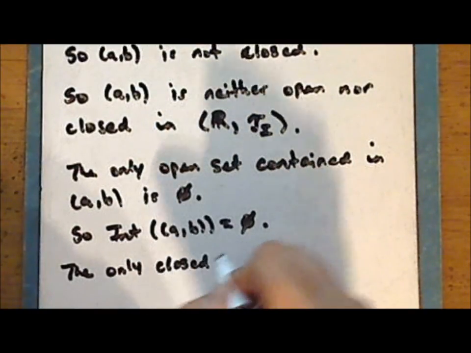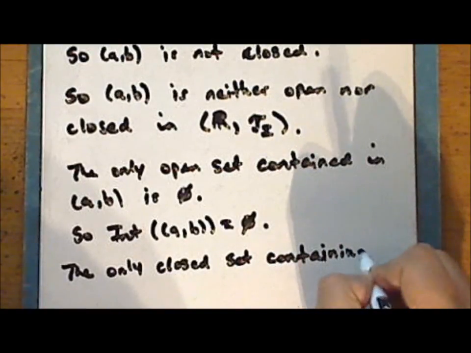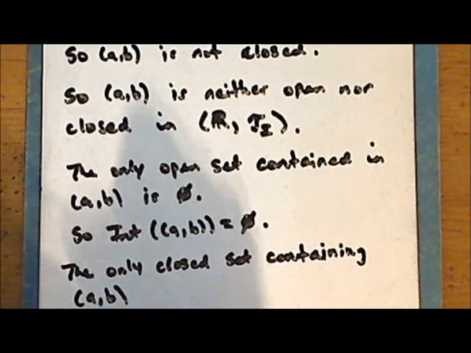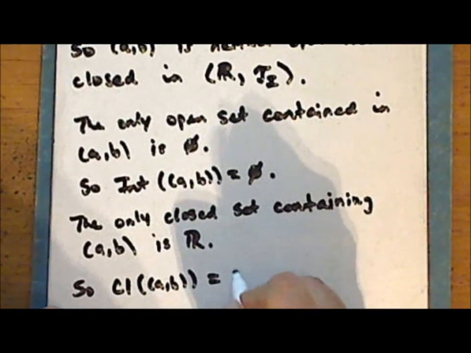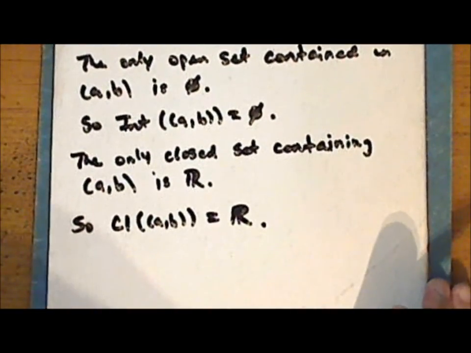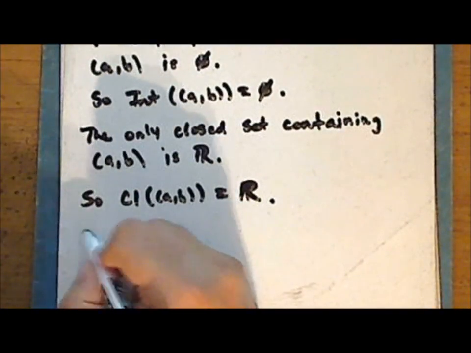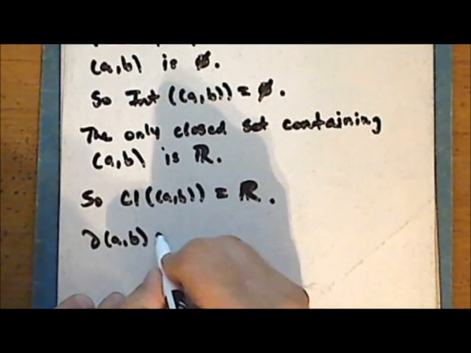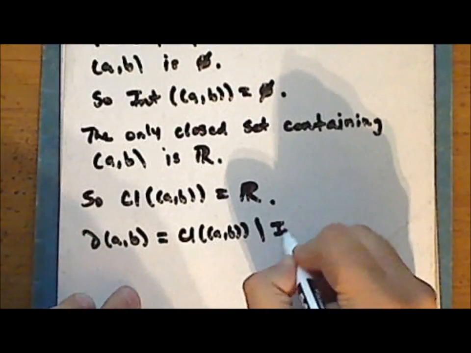Now, the only closed set containing this interval is the entire set of reals. And so the closure of the interval is the entire set of reals. So now that we know the interior and closure, we can calculate the boundary. The boundary of the interval is the closure of the interval, set minus the interior of the interval.